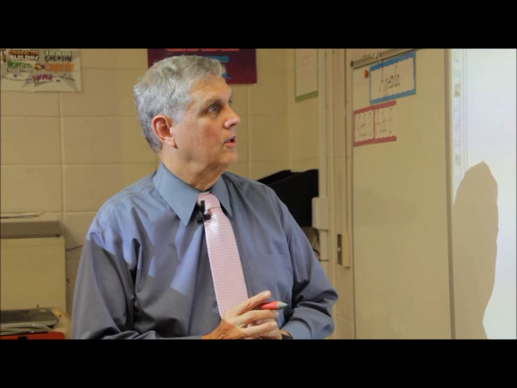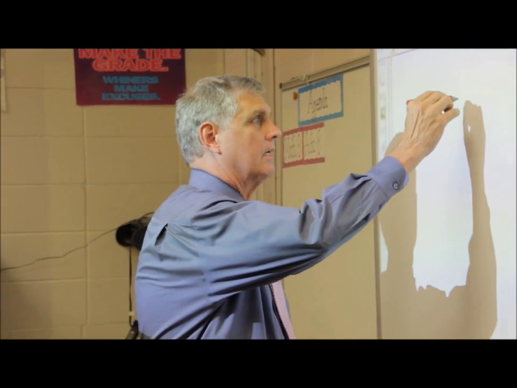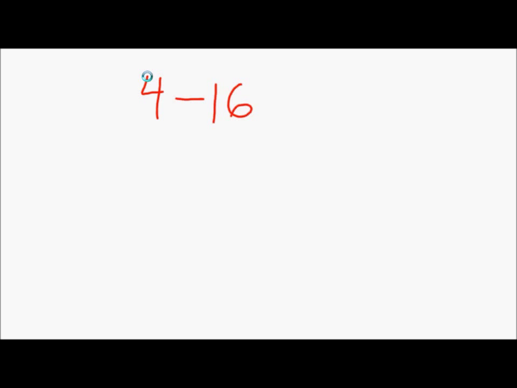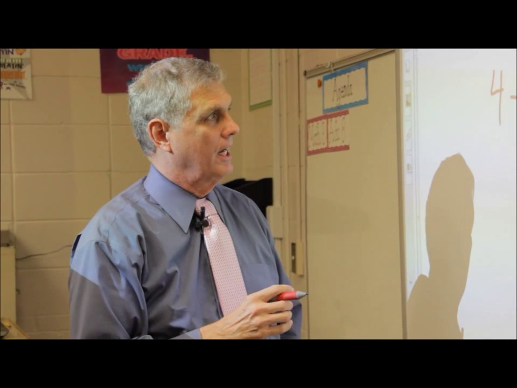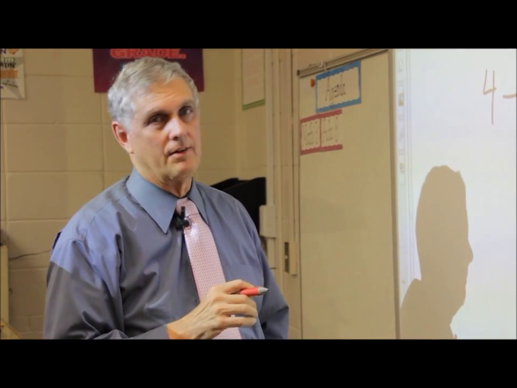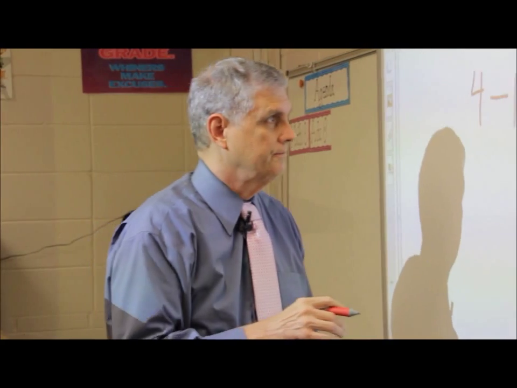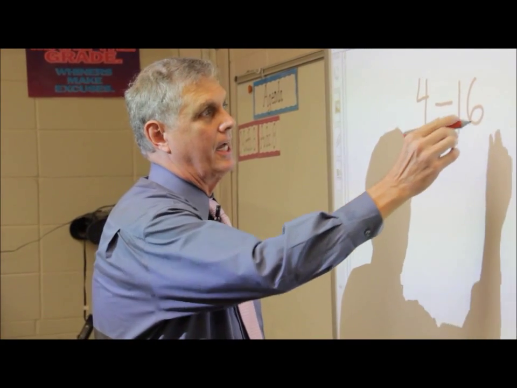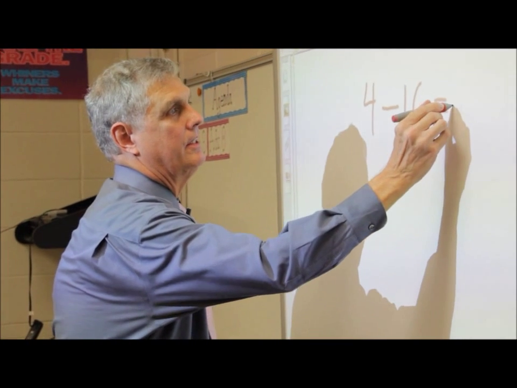Okay, let's take a look first at how we handle signed integers. Let's just think of an example here. Let's have a plus 4 and a minus 16. Here we have unlike signs, and the rule is when you have unlike signs, you go with the sign of the largest integer. 16 is larger than 4, and its sign is a negative sign.